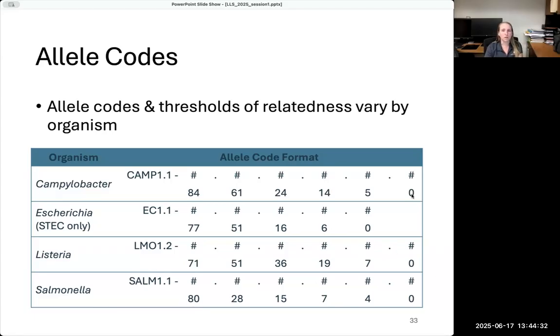And then they all end with 0. So if two isolates have the same digits all the way down to the end, they are 0 alleles apart, or approximately. It's also worth noting that they all have 6 digits except for the STEC one, which only has 5.